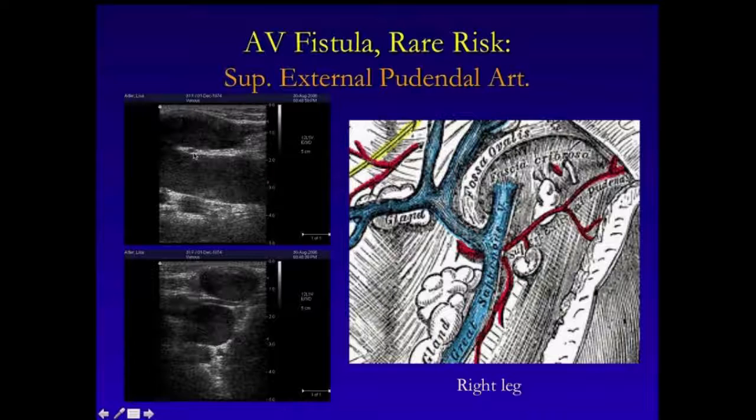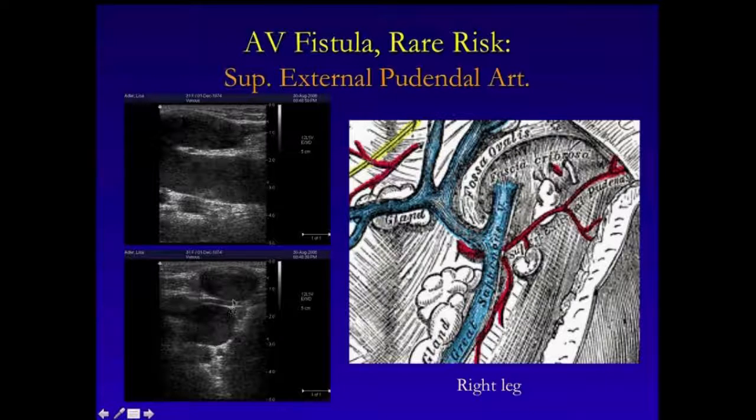If you overzealously poke with a needle in here, putting in tumescent, as I sometimes feel like I might be doing because I'm trying to put so much around there, or if you have a laser fiber pointed right there with not enough tumescent separating the vein from the artery, you could create an AV fistula between that artery and that vein.